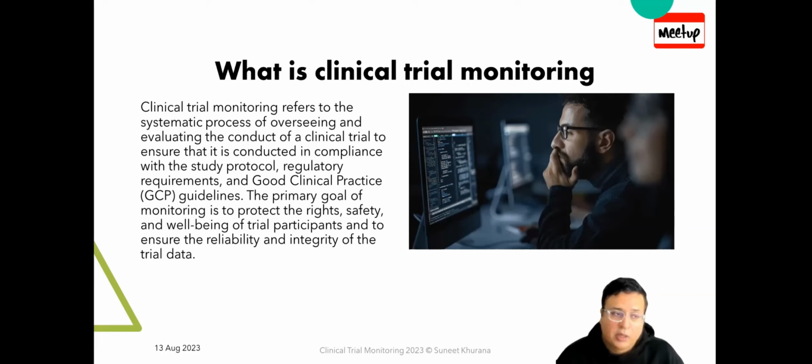The research ethics board's loyalty is to the patients, so they make sure that the patients come first, and everything else is secondary. So each agency is looking at the primary goal of protecting the rights, safety, and well-being of participants and ensuring the reliability and integrity of data, but their loyalties lie a little bit differently.